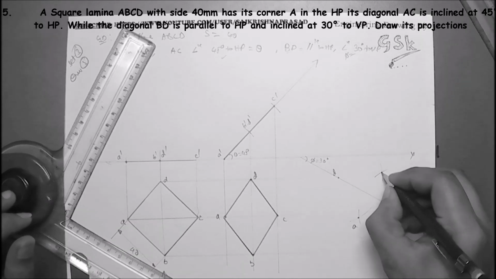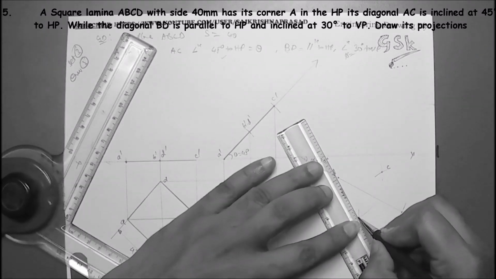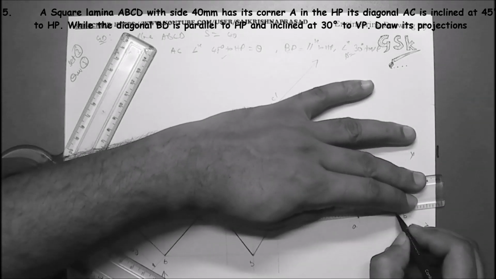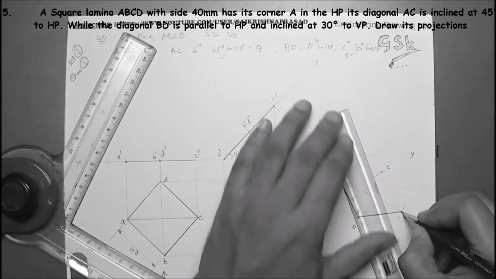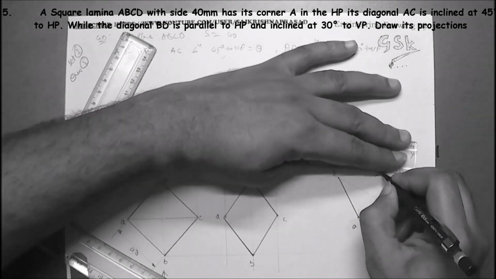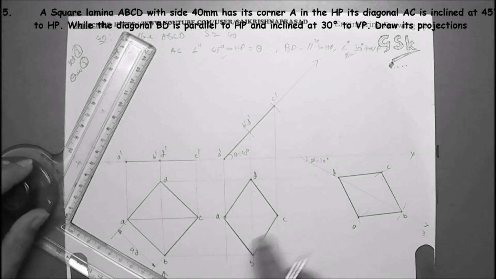And this would be A, this would be C. Let's complete the figure with this point. We have reproduced the same figure over here.